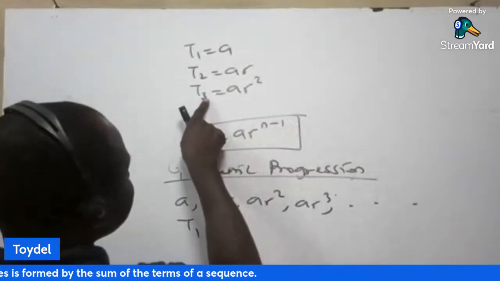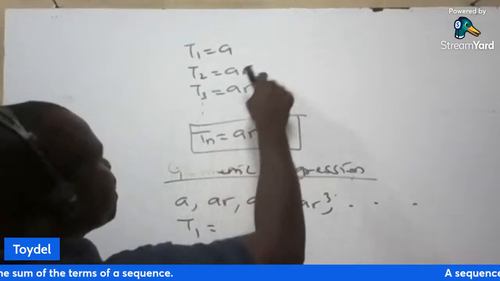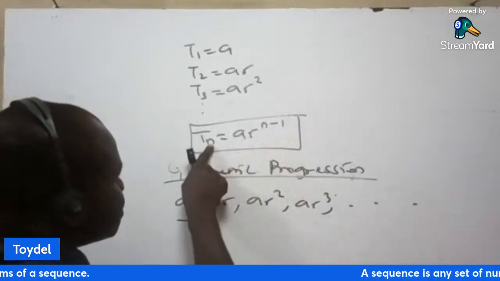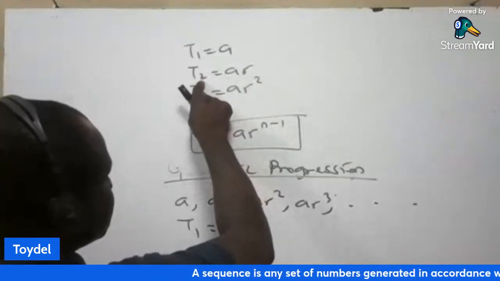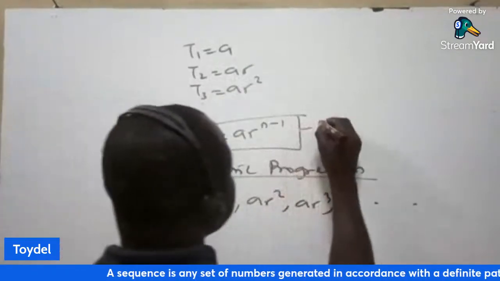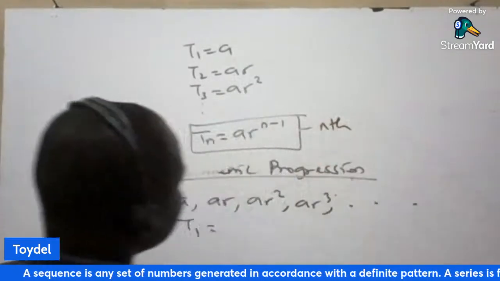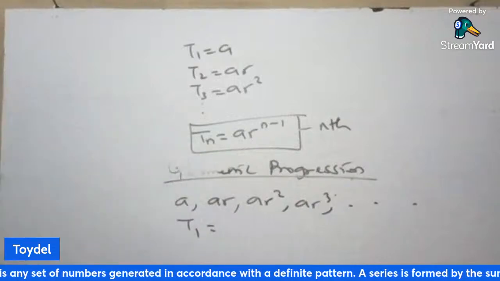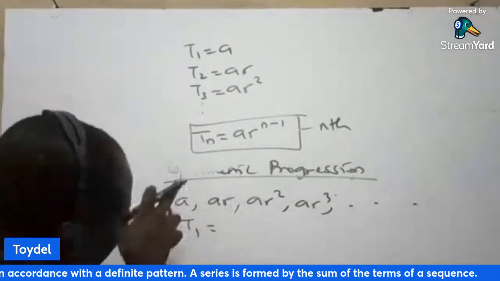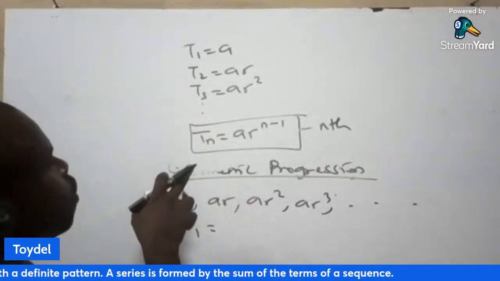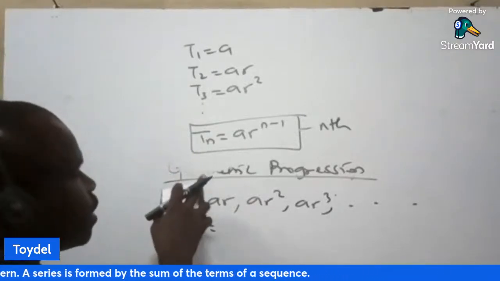Because when the subscript is 3, the power is 2. So when the subscript is n, the power will be n minus 1, because it reduces by 1. So this is the formula to find the nth term or last term of a geometric progression.